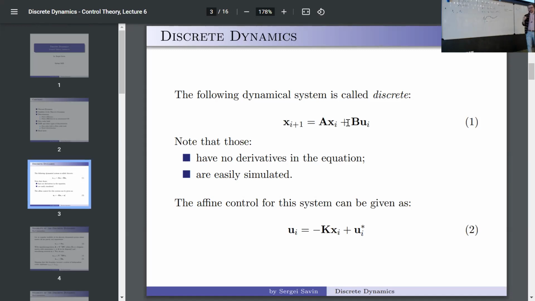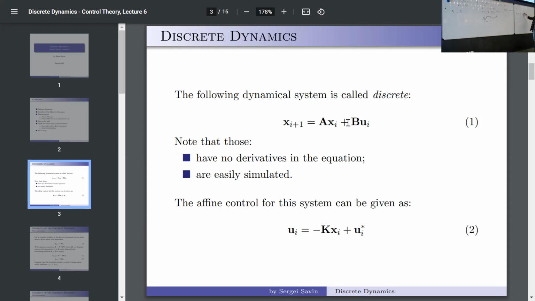Well, think about it this way. Let's say at the current step t sub i, we have our x sub i measured. At this point, we have a processor. The processor has measured state. So we have x sub i.